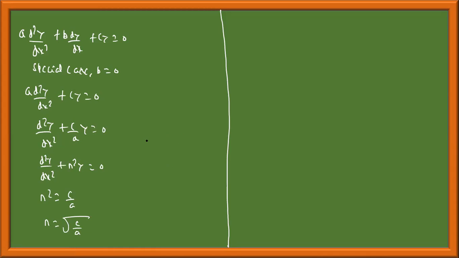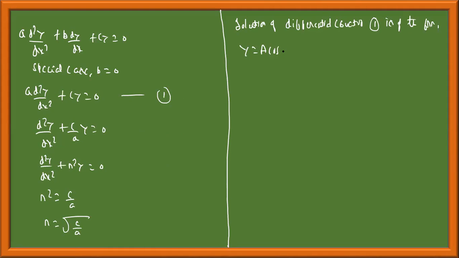The solution of this type of differential equation, equation 1, is of the form y = a cos nx + b sin nx.